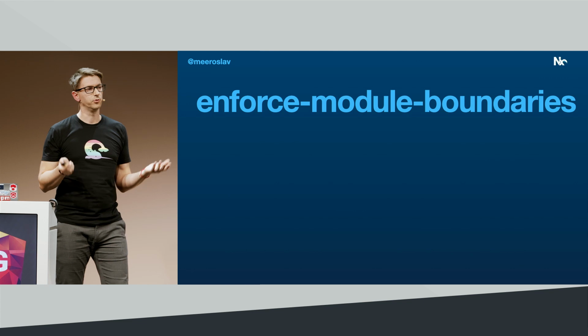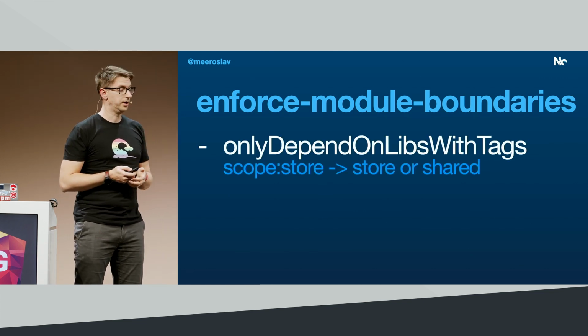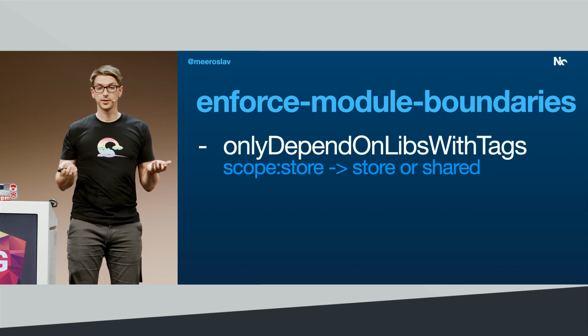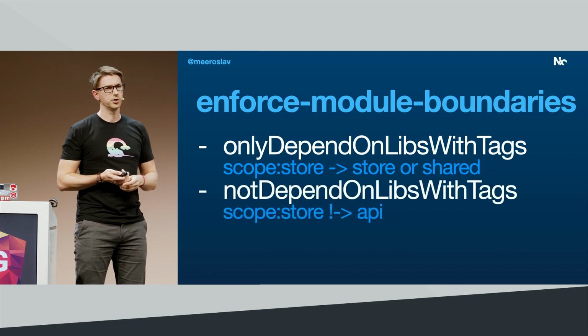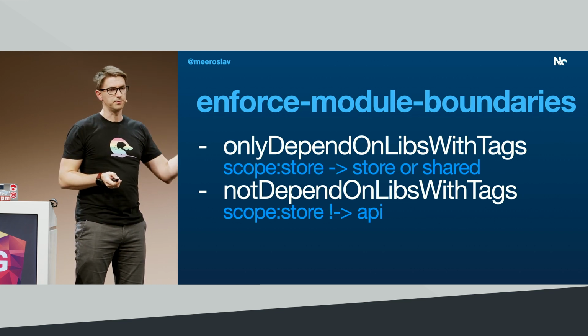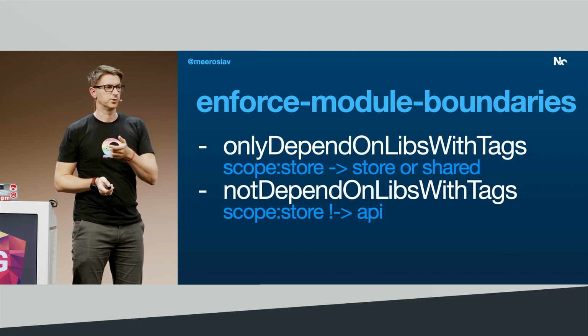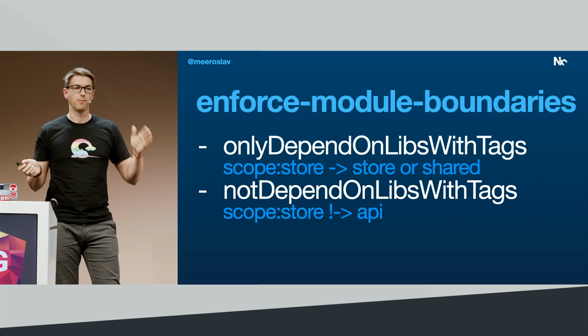So what are the things that we can define there? We can define, as I mentioned, that they only depend on libs with certain tags, or that they do not depend on libs with certain tags. Imagine you have a bunch of different tags, and it would be painful to always specify all of them. So sometimes, just using invert, we're saying everything else is fine apart from this tag.